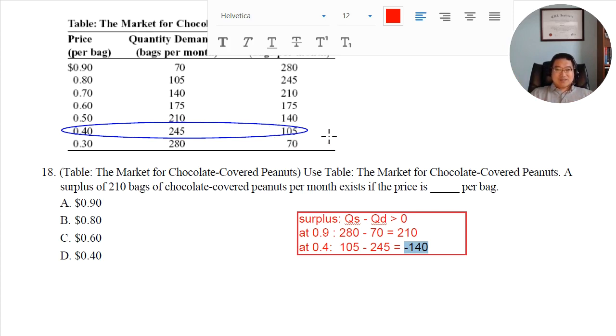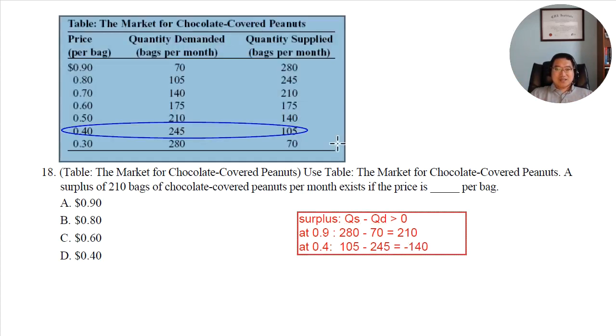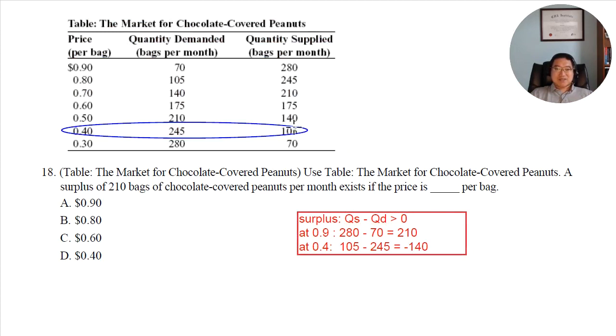But, right, who's gonna put that in? Not the supplier. The supplier at this very low price, 40 cents a bag, they only want to provide 105 bags. That's for question 18. So this is the third section, question 13 to 18 for homework 3.